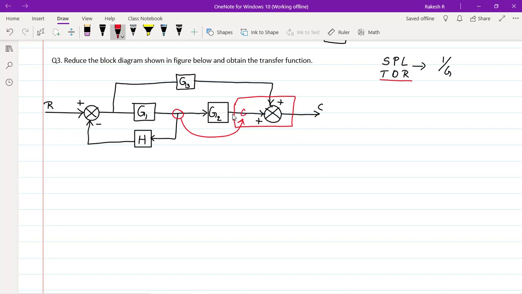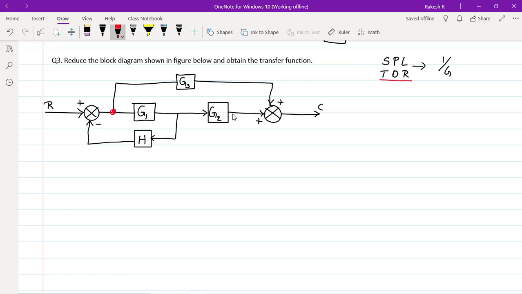When we get a summing point and a takeoff point one after another, our problem becomes more complicated. I don't want to make it complicated, so I'll leave this takeoff point also. Now the remaining one is this takeoff point here.